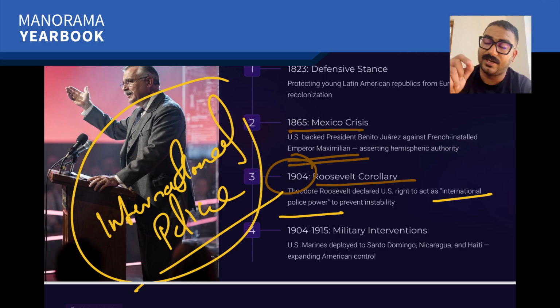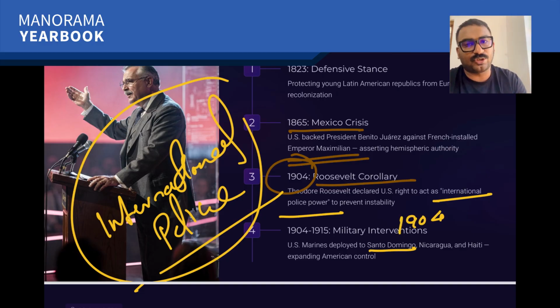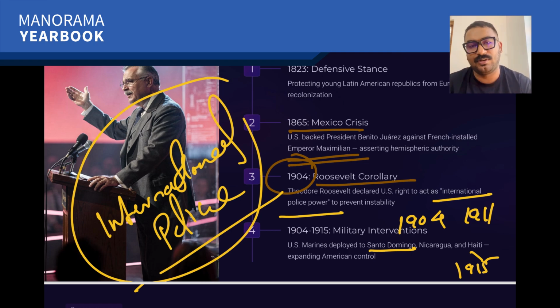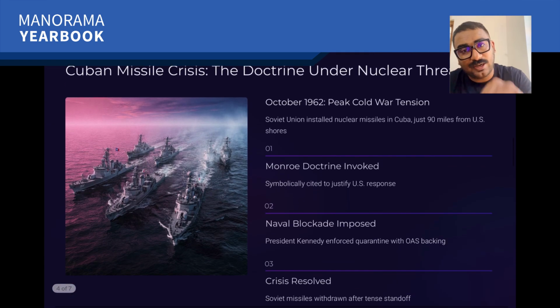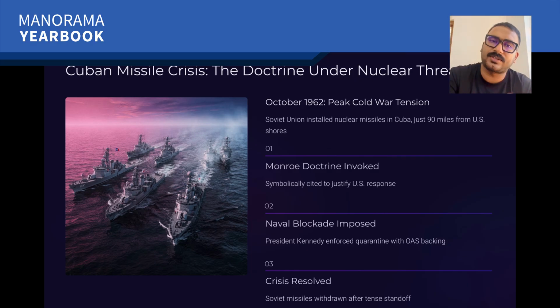This justification led to direct US military intervention, which means American Marines were sent to Santo Domingo in 1904, Nicaragua in 1911 and Haiti in 1915, officially to keep Europe out but effectively to expand American control. Not surprisingly, the Latin American countries viewed this action with suspicion. While the Monroe Doctrine claimed to protect sovereignty, in practice it often undermined it.